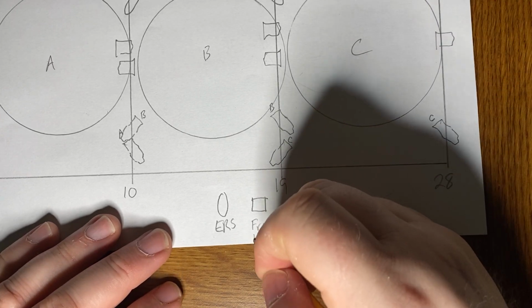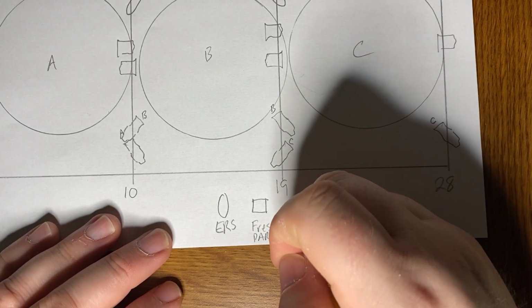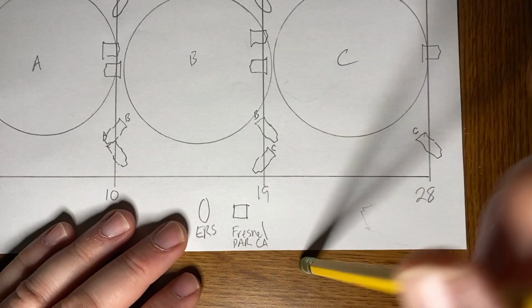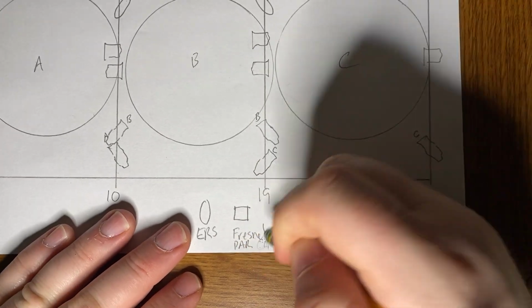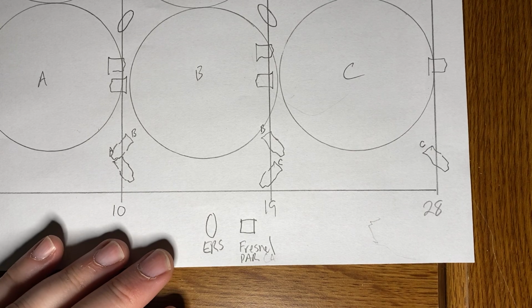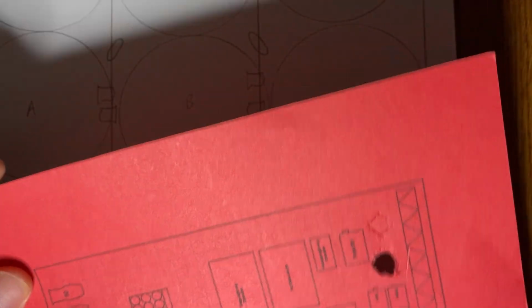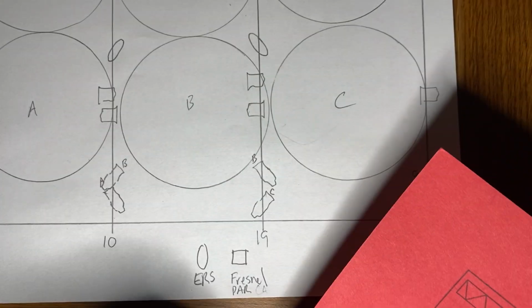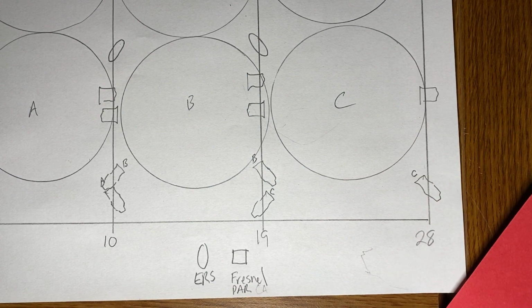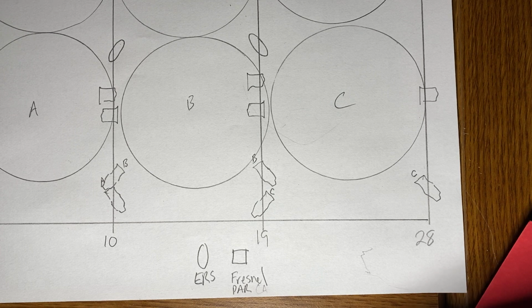You could also say PAR can if you're working with LED, or you could just abbreviate it PAR. And that would be fine. Another little thing, I want to do a hexagonal shape, because the hexagon is going to tell me where the fixture is being addressed.